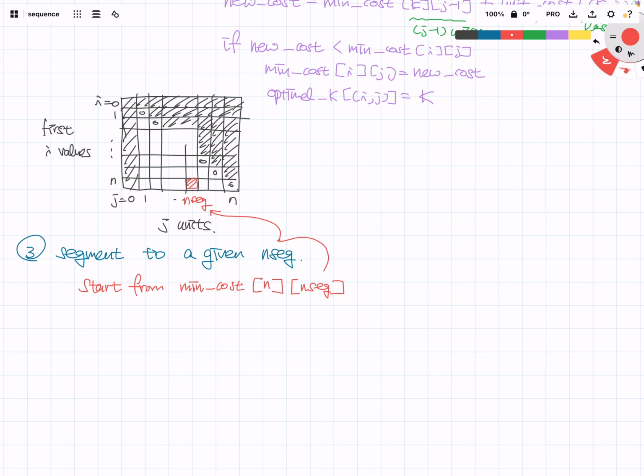And then for this, we already know this minimum cost and the corresponding optimal k.